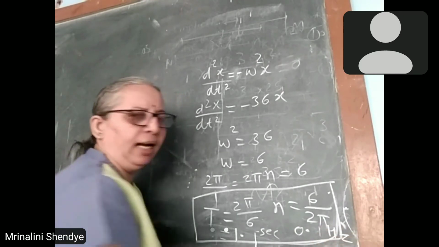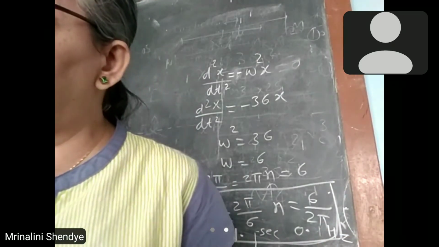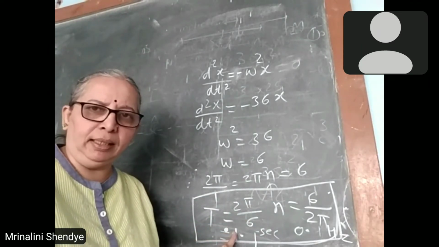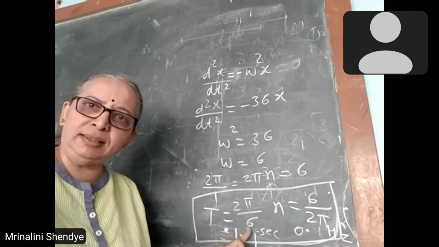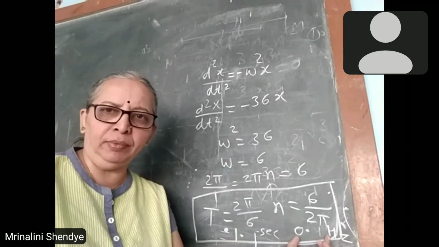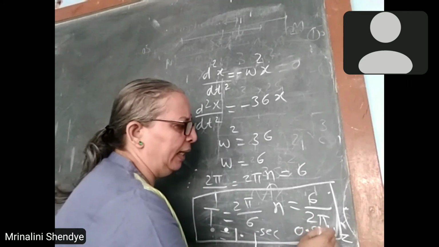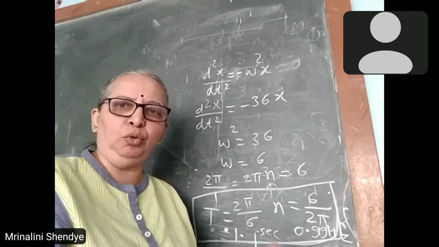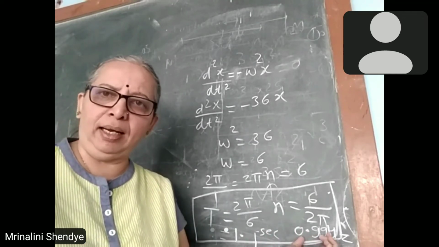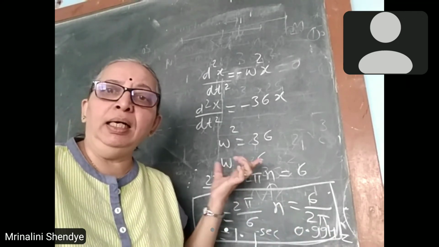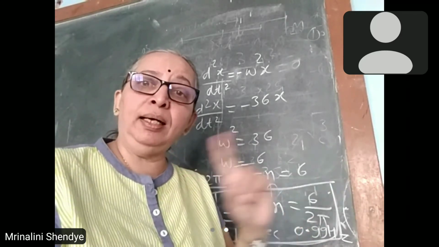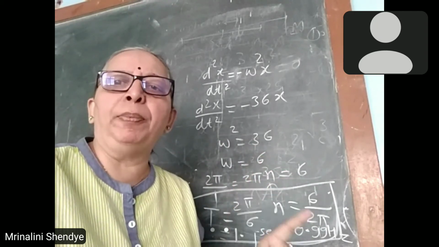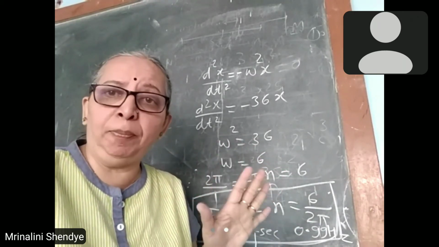SI यूनिट दिया है ना, तो n की वैल्यू हर्ट्ज में आएगी. ये 1 से ज्यादा है, पीरियोडिक टाइम इज ग्रेटर देन 1, सो 1/1 point something will be less than 1, nearly 0.9995 ऐसा कुछ आएगा, लेकिन ये 1 से कम आएगा, यानी कि this particle is unable to complete its one complete oscillation in 1 second. 1 second में वो अपना एक ऑसिलेशन भी पूरा नहीं कर पा रहा है.